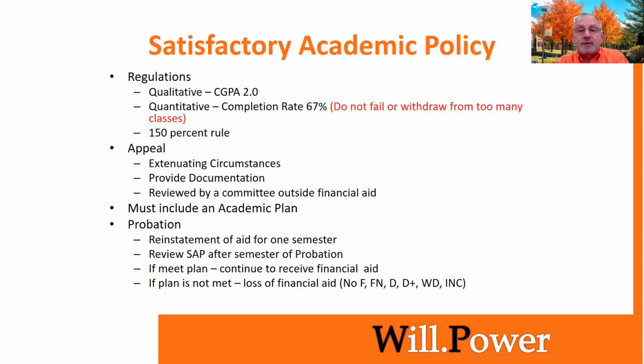After that semester of probation, we will review your appeal. And if you met the plan, then you will have your financial aid restored. You can't earn any Fs or FNs or Ds or D pluses or WDs or incomplete grades during your semester of probation.